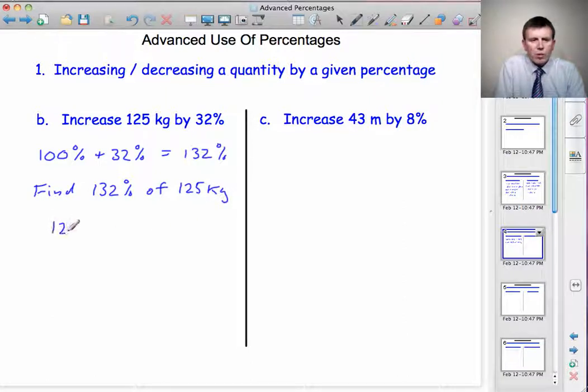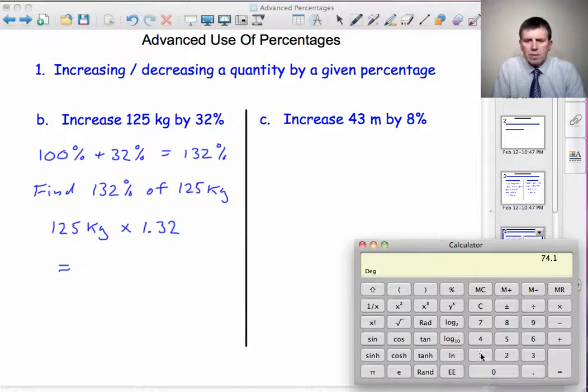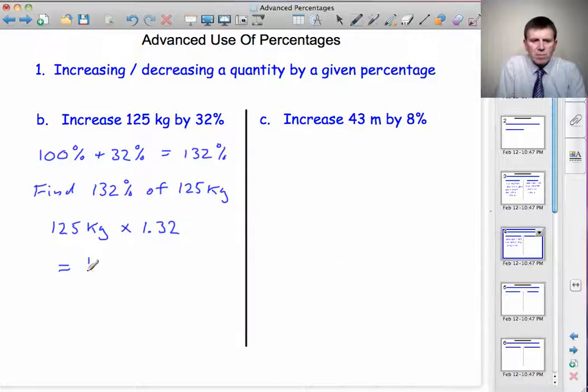So that's 125 kilograms multiplied by, and 132% as a decimal is 1.32. So that's 125 multiplied by 1.32. And that is 165 kilograms.